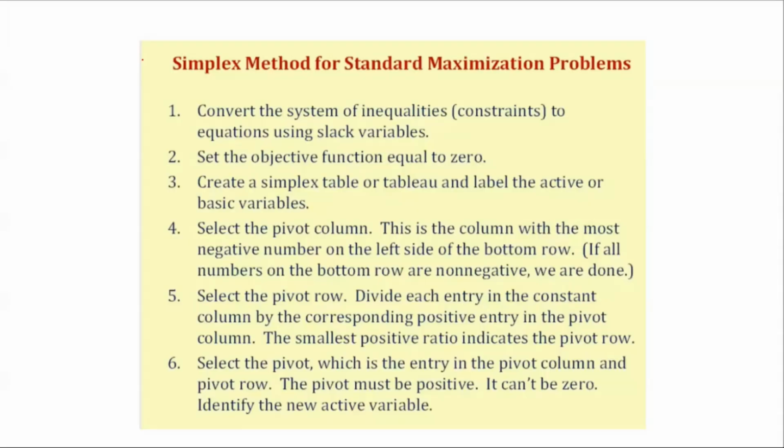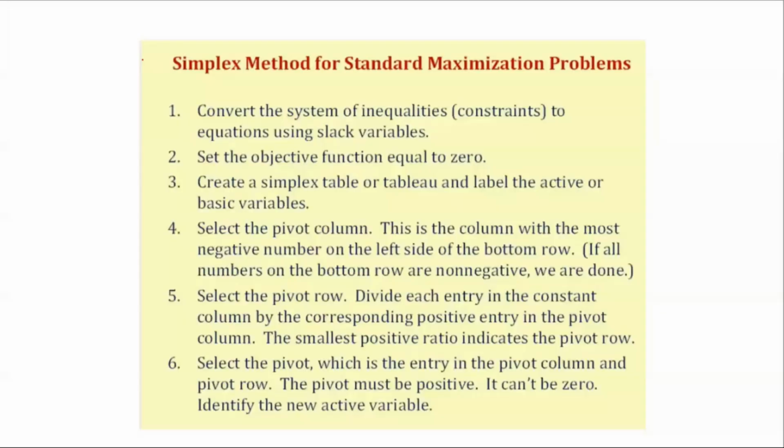Then there's something called a pivot column. What's this pivot column? Well, it's the column with the most negative number on the left side of the bottom row, right? Again, you have to see the thing to know.